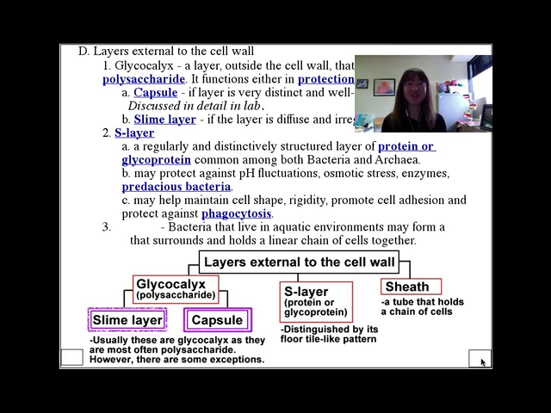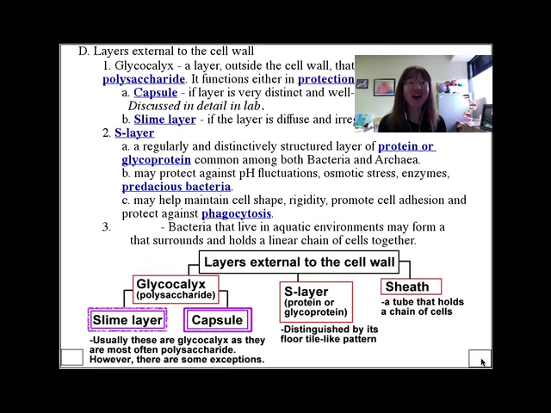This is also the coolest thing, because picture a phagocytic white blood cell coming up and trying to engulf a prey bacterium. If it has a capsule on it, it's literally going to slip out of the grip of the white blood cell or of the amoeba trying to catch it. So it's literally a slippery little sucker that's going to just get away from that engulfing process that we see in phagocytosis.